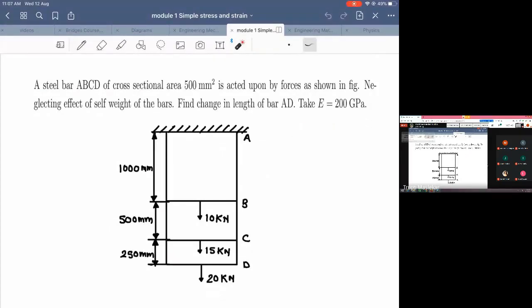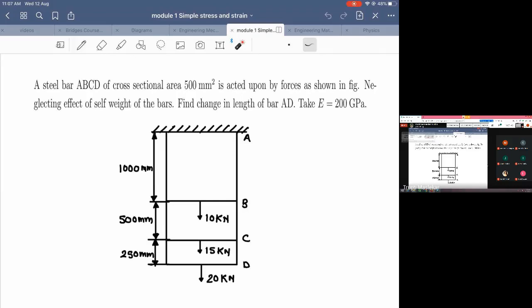So A is fixed, meaning it is not moving, and this total member AD is made up of three parts. AB is the first part, BC is the second part, and CD is the third part.